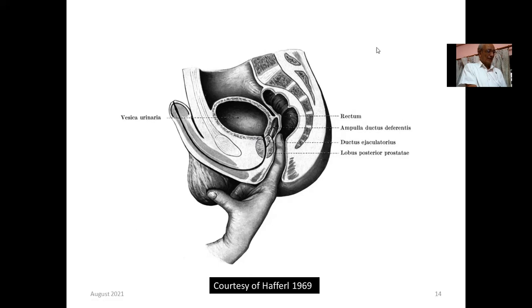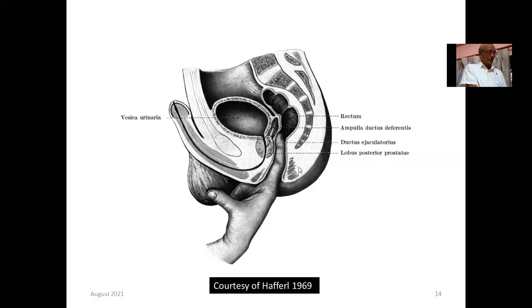Again, look at the location of the prostate, which may be just 15 grams in weight, but it goes on increasing in weight, and it may reach even 150 grams or even more. It's an ever-growing gland, and we have not covered the age changes, and we are not going to cover them further.